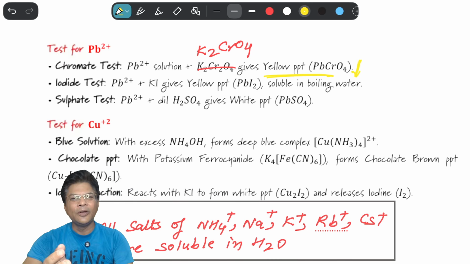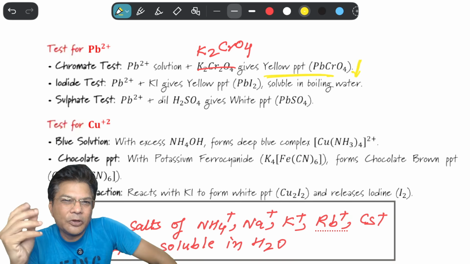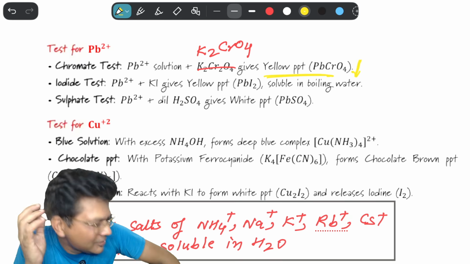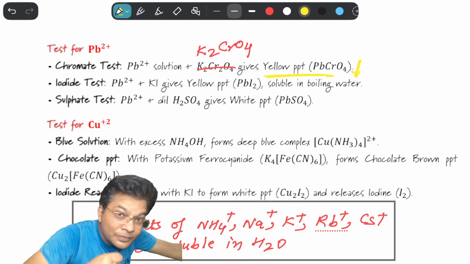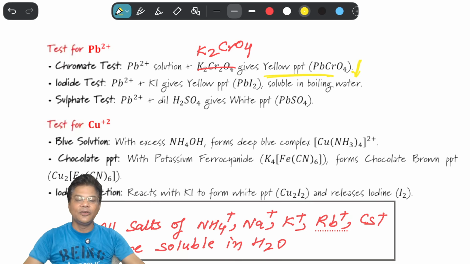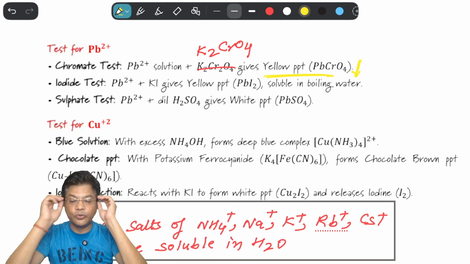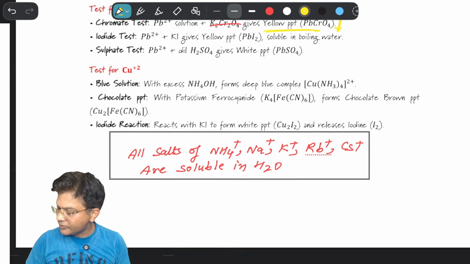You must have gone to your lab, some very bad foul smell was coming. That was the smell of rotten eggs. Which gas? H2S gas. So, first add HCl, then pass H2S gas. Then these radicals will precipitate as their sulfides.